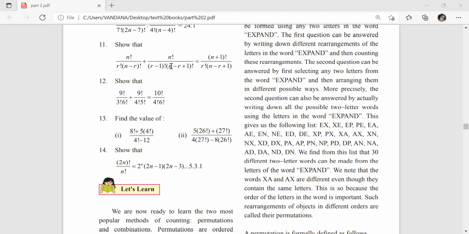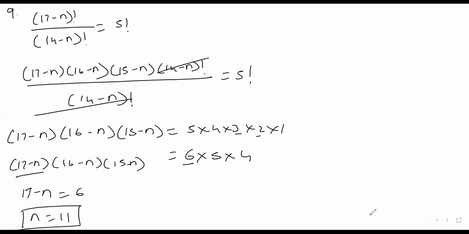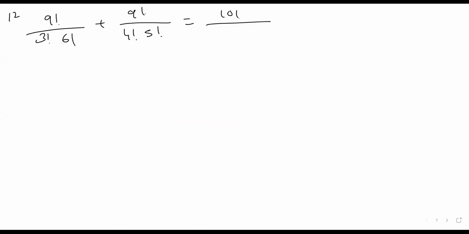Questions 9, 11 and 12 are the same. In 12 they have put numbers, in 11 they have not put numbers. So we'll solve the 12th one. We have to prove this.